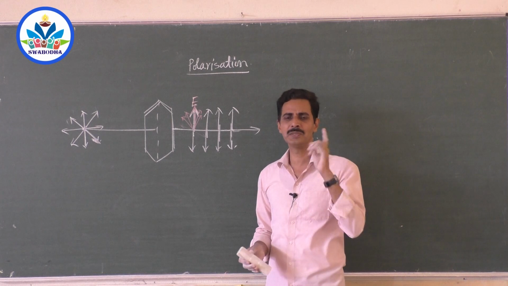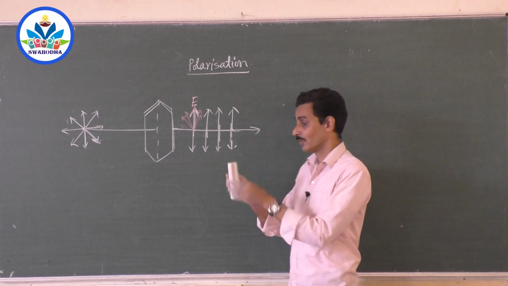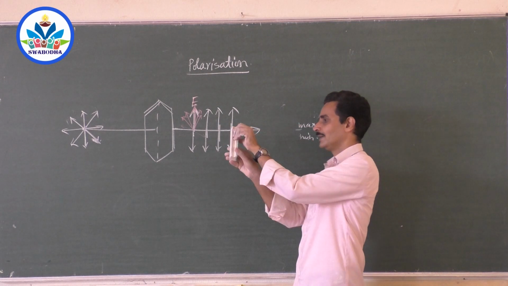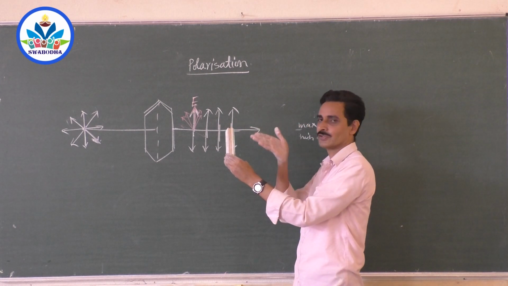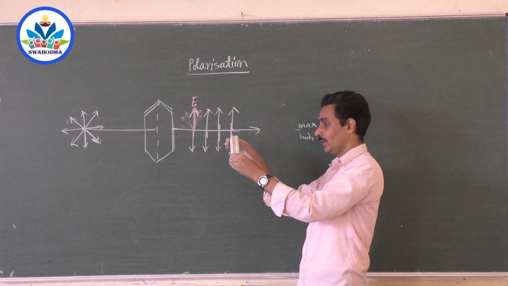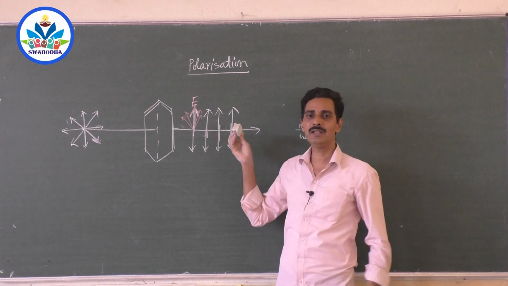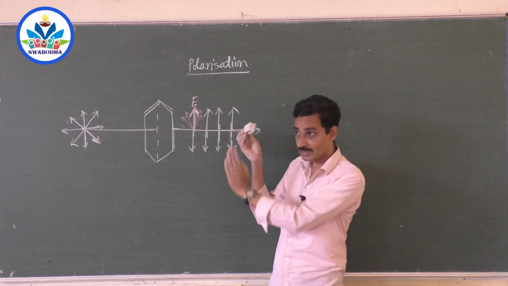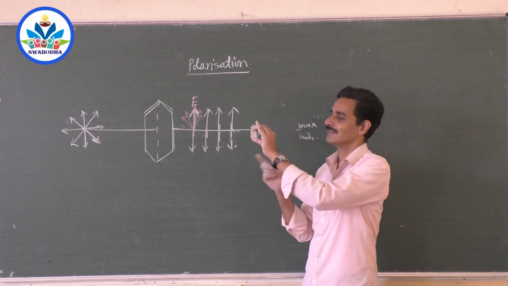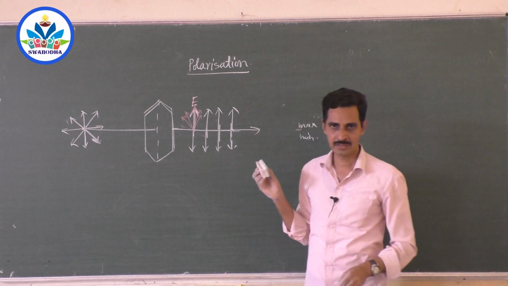Most of the components should be in the direction of the resultant. So the maximum amount of electric field components were passing through it. When I turn it, some of the components will pass through. When I turn it further, few components will pass through. When I hold the analyzer perpendicular to the direction of vibration of the electric field, there are no components to pass through. Intensity becomes 0. Got it now?